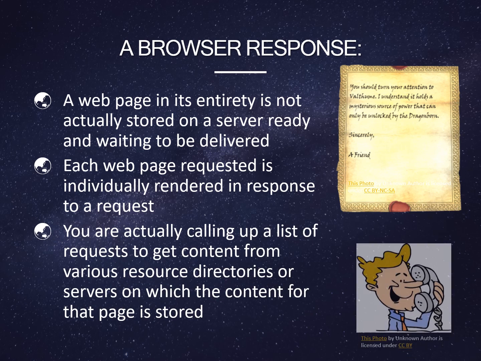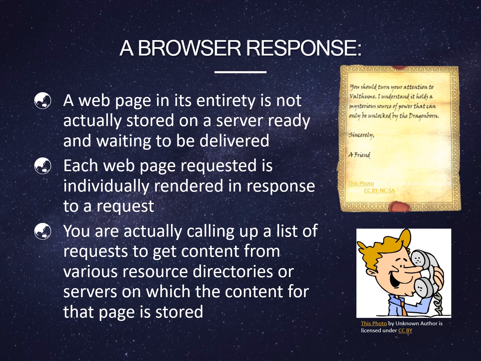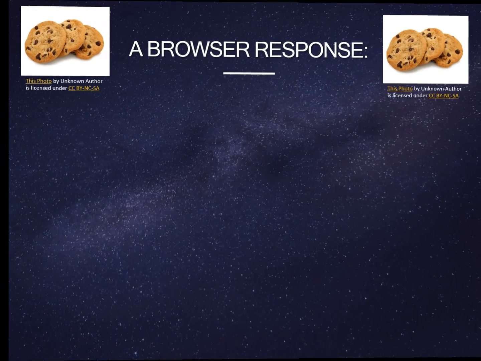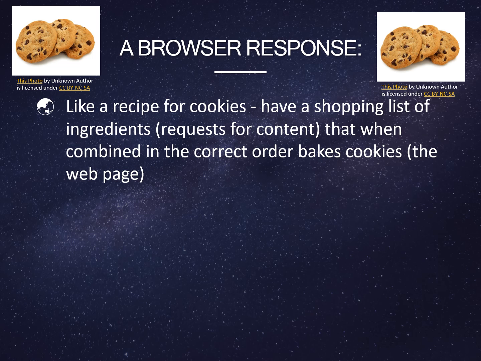You are actually calling up a list of requests to get content from various resource directories or servers on which the content for that page is stored. It's like a recipe for cookies.